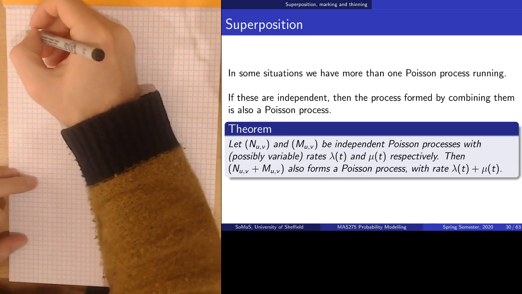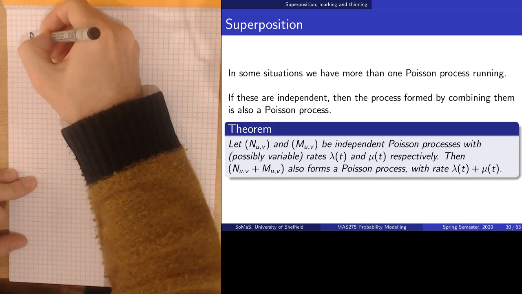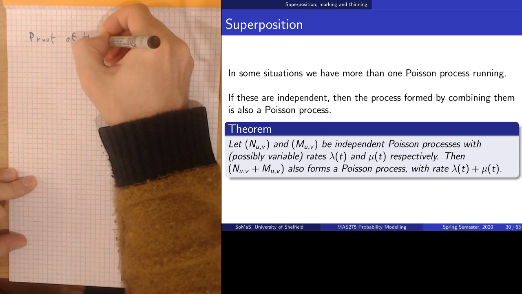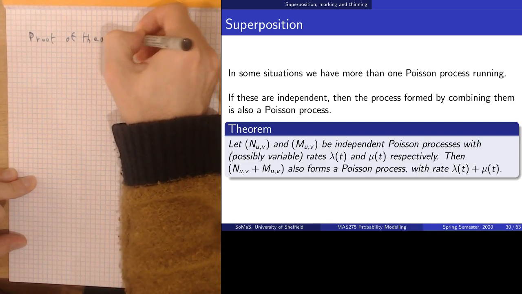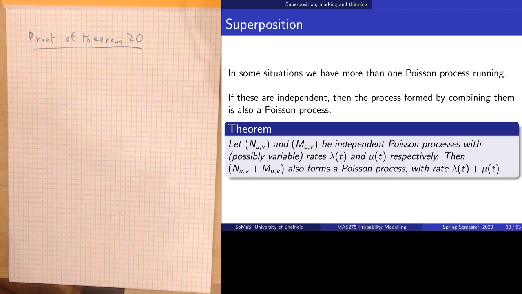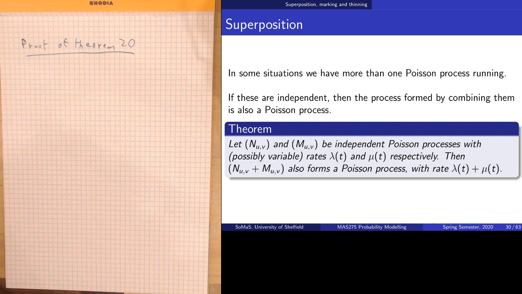Proof of theorem 20. I'm not writing it down this time because this theorem is not that much of a big deal. So the proof is a good exercise. We want to prove that N plus M is a Poisson process with the rate we're expecting.